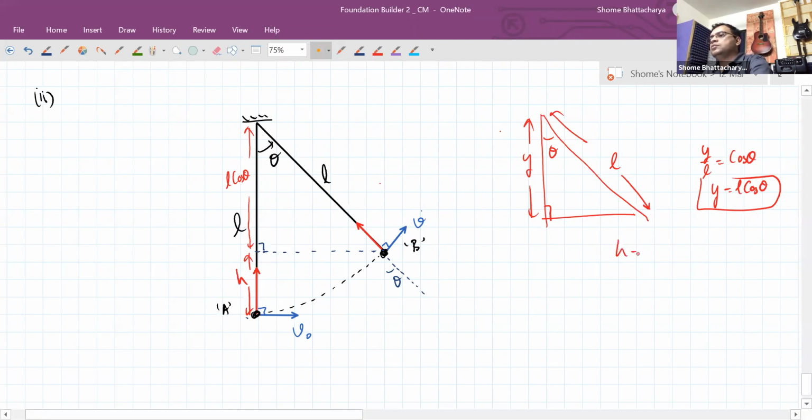So H will become L minus Y, or L minus L cos theta.